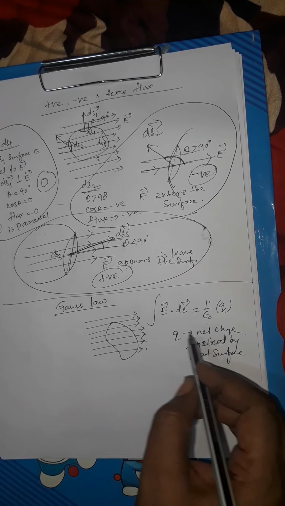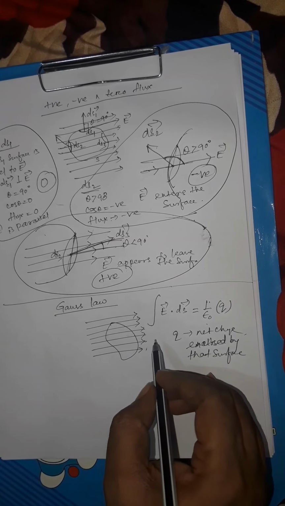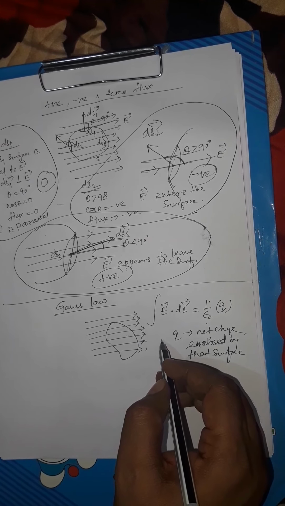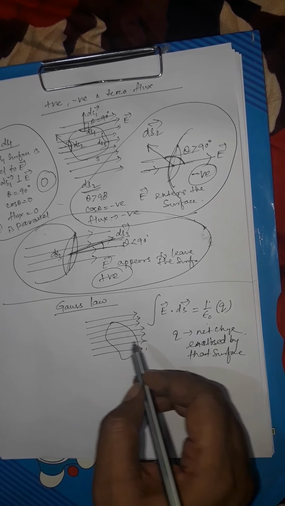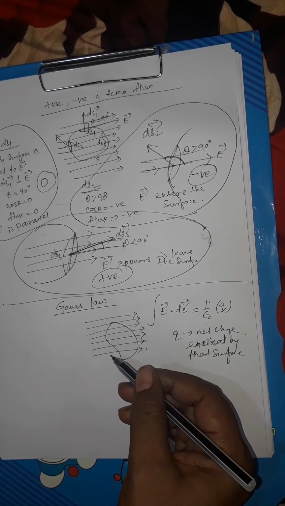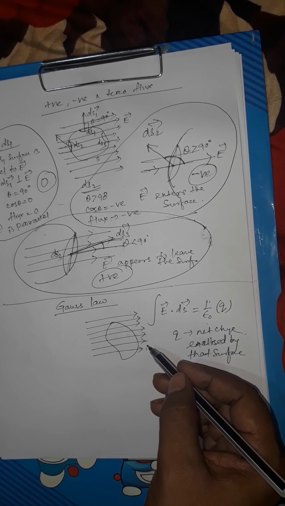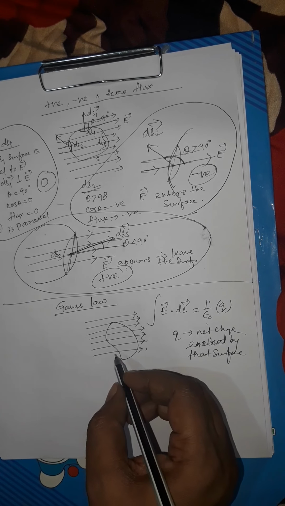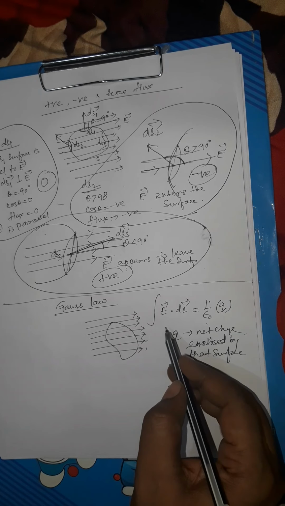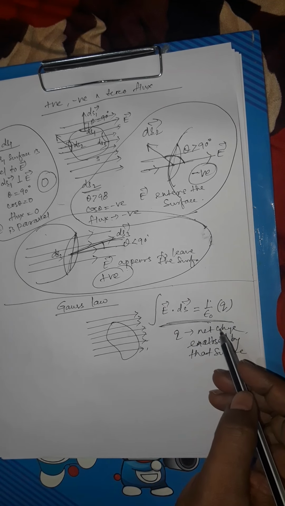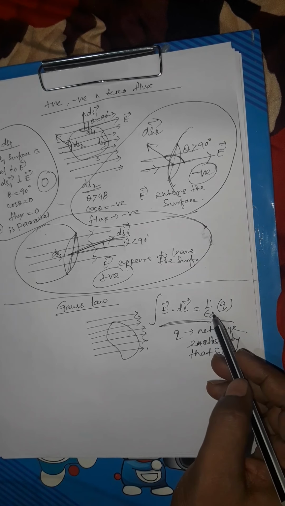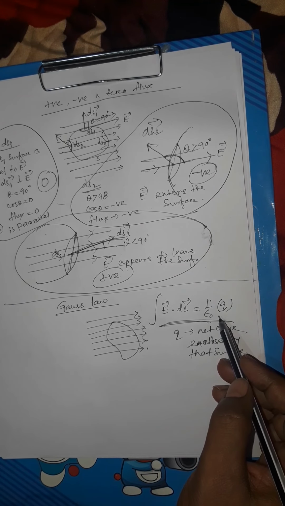Suppose you ask, sir, if there is an electric field and the surface is also there, but the charge is not enclosed within that surface, then the flux is also 0. Okay, so this is the Gauss law, that the net outward electric flux is equal to 1 by epsilon naught times the net charge enclosed by that surface.